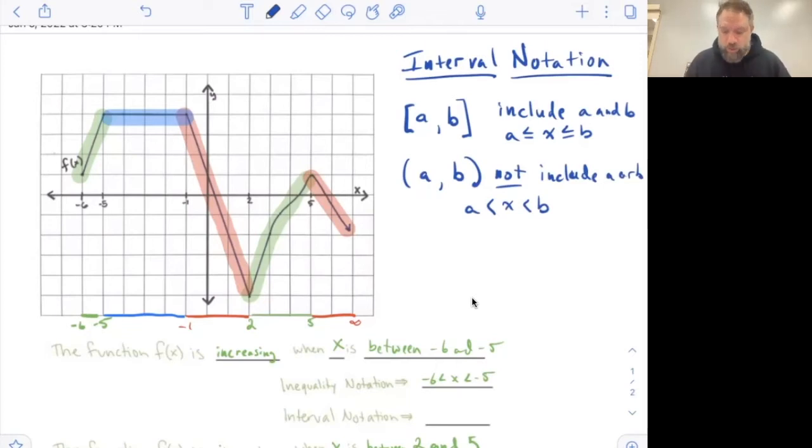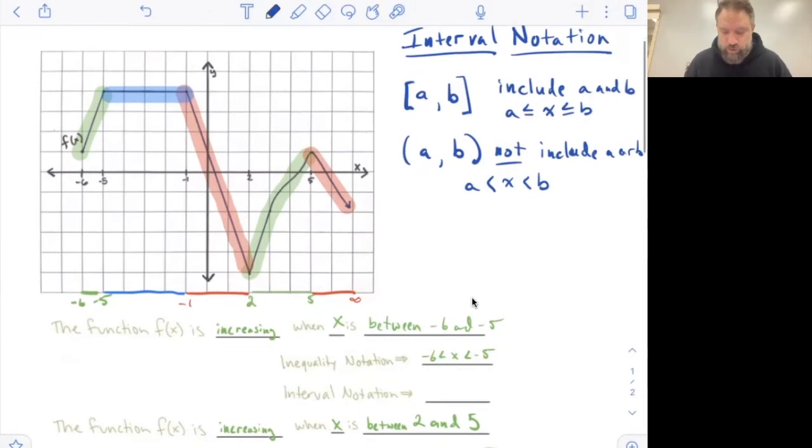And the thing with interval notation is you can mix and match too. If you write something like the square bracket A and regular parentheses with B, you can do that.